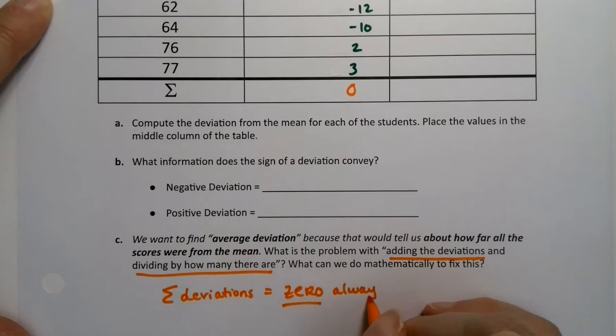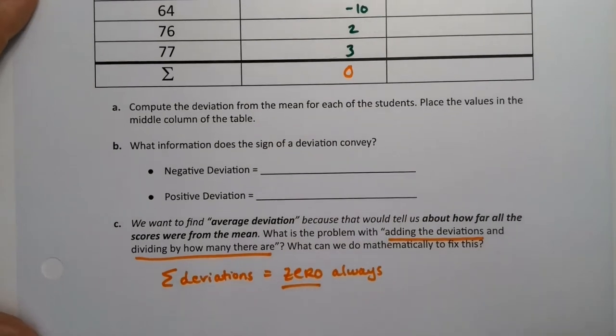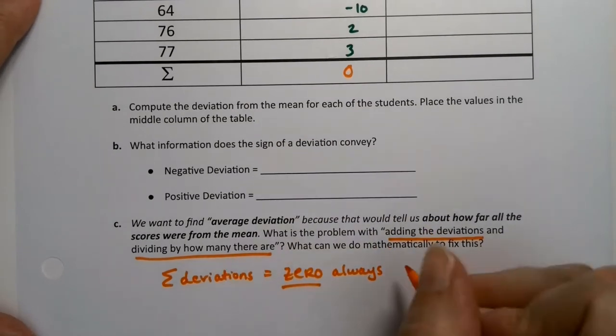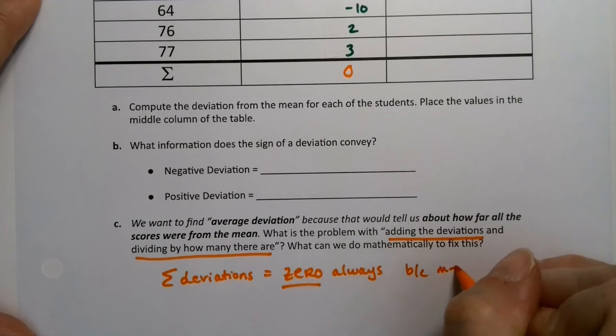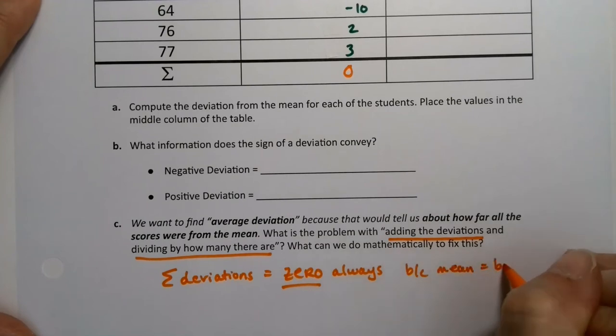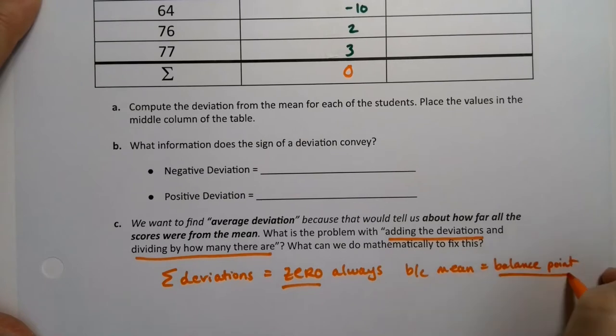Now, why is it always 0? There's nothing special about this data set. It's because the mean was the balance point. That's what it means for the mean to be a balance point. That's the definition. The aboves and the belows will all cancel each other out.